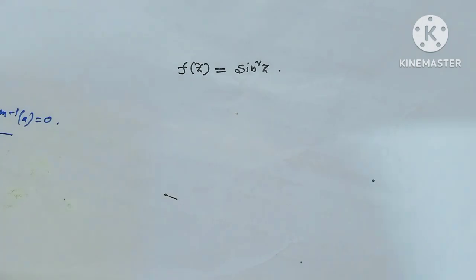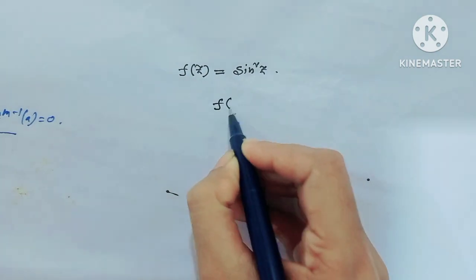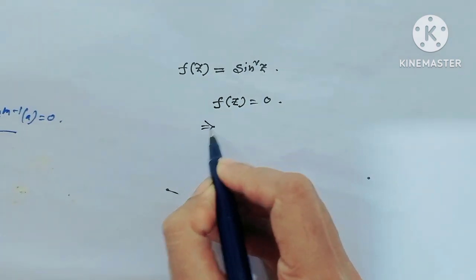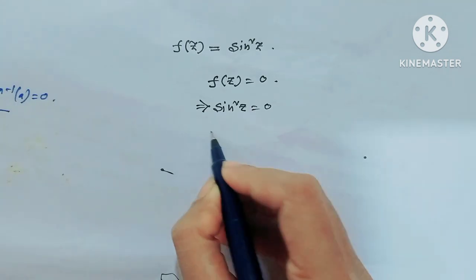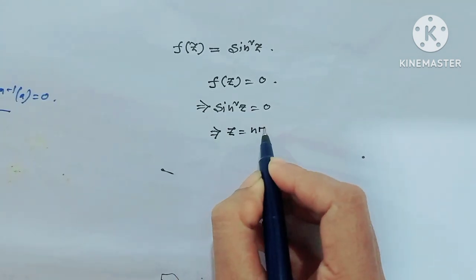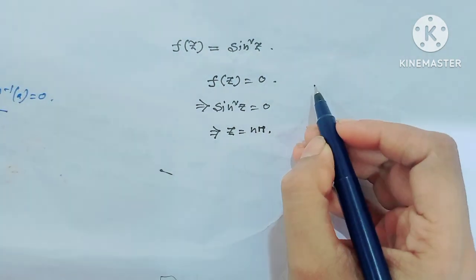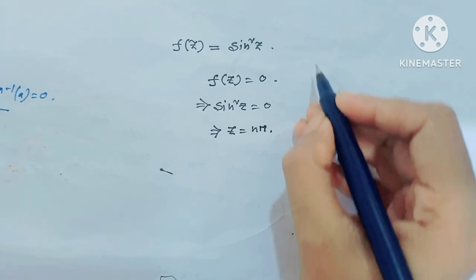But next, f(z) = sin squared z. If we consider f(z) = 0, then sin squared z = 0 at the points z = n pi. Now let's see what the order of this zero is.